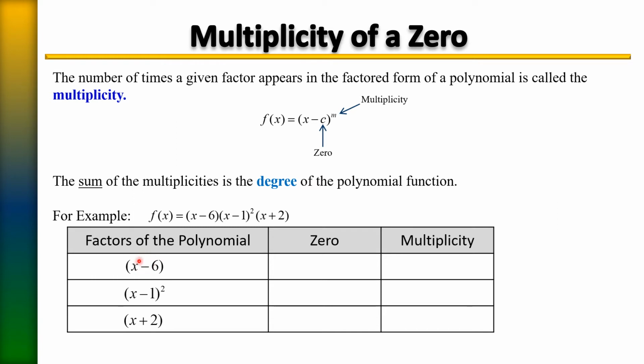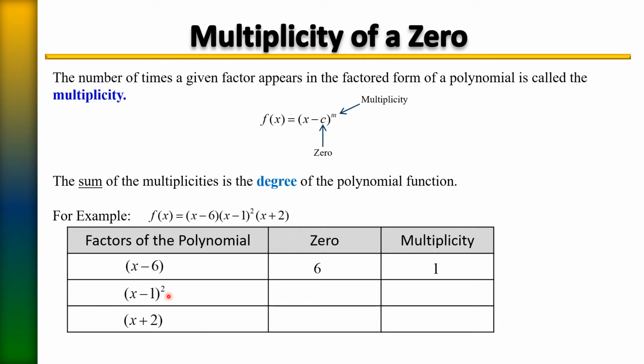If you were to solve this for x, x would be 6, so 6 is a zero of this polynomial function. What's the multiplicity? How many times do you see x minus 6 appear? Only once, so that is its multiplicity.